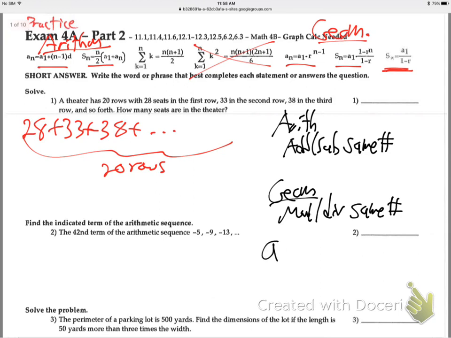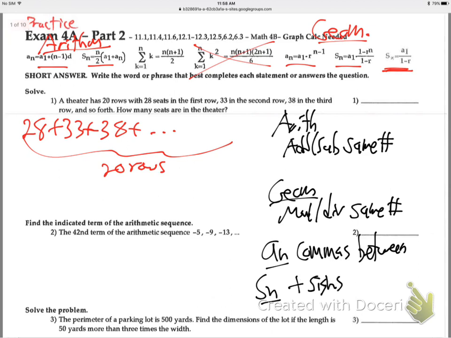And a sub n formulas are when there's commas between. S sub n formulas are when there's plus signs between entries. So I'm trying to give you the rules to distinguish whether something's arithmetic or geometric, and whether you should use a sub n or s sub n formula for arithmetic or geometric. That'll distinguish the four cases.